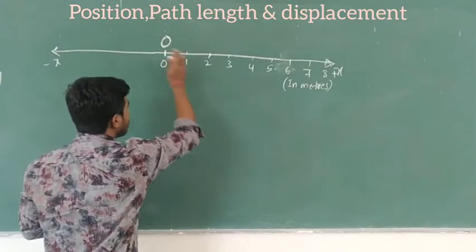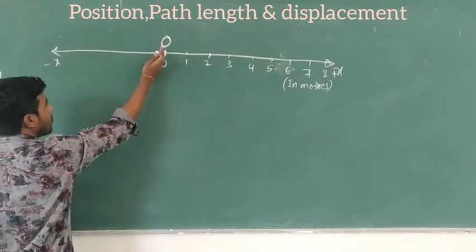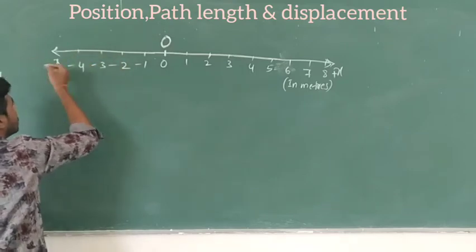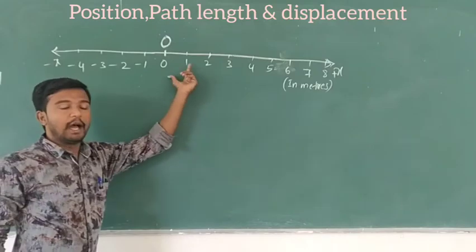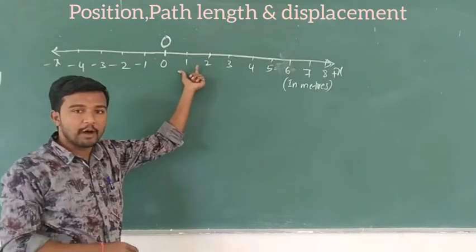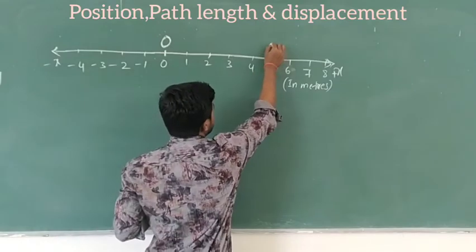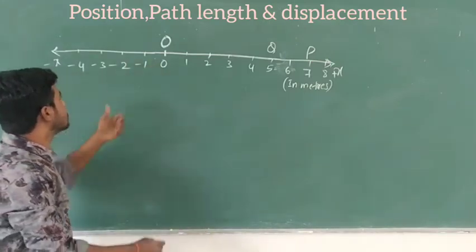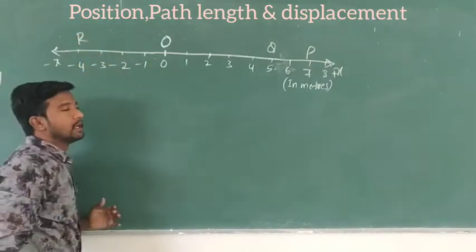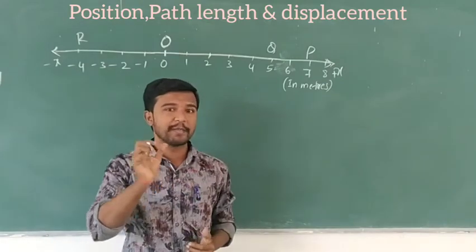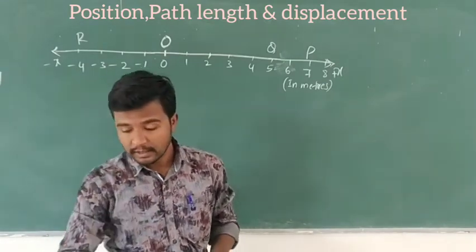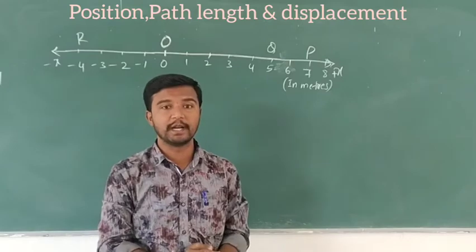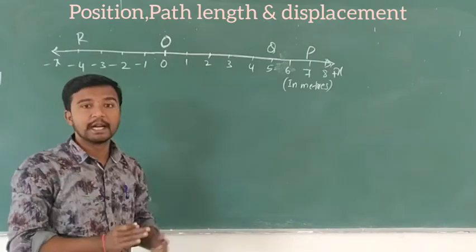This is the positive x-axis, the right side from O, and this is the left side from O: minus 1, minus 2, minus 3, minus 4 and so on. I consider the positions of the objects: this is the position of object Q, this is the position of object P, and this is the position of object R. We will discuss the position of an object, what path length means and what displacement means, using this diagram.